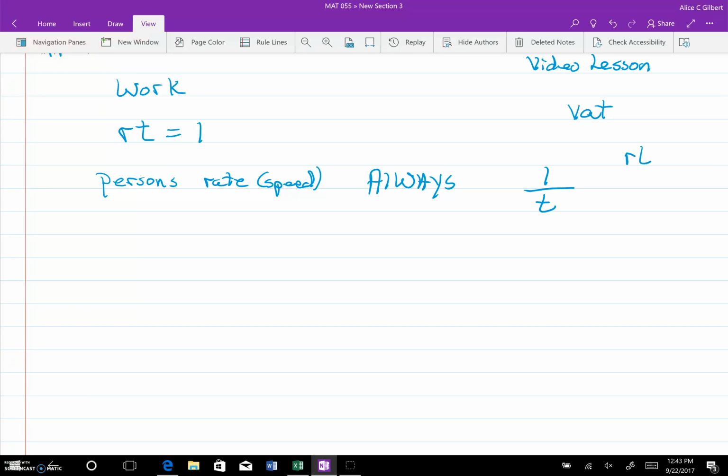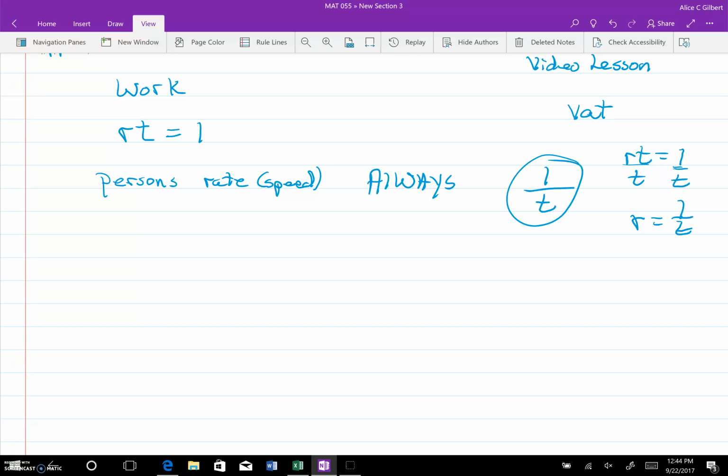So if you look at rate times time equals 1 job accomplished, if we want rate, we have to divide this by t to get rate by itself, and we get rate equals 1 over time.